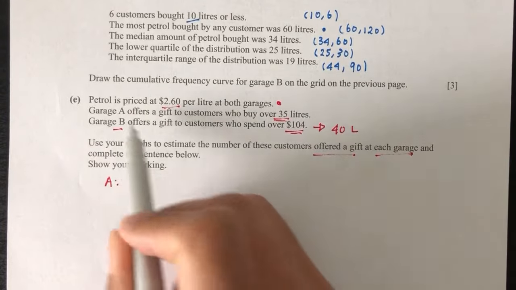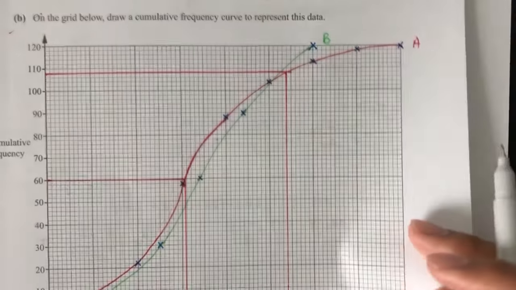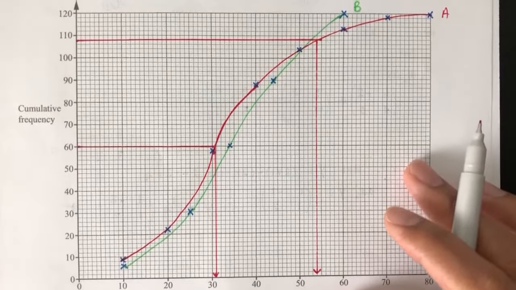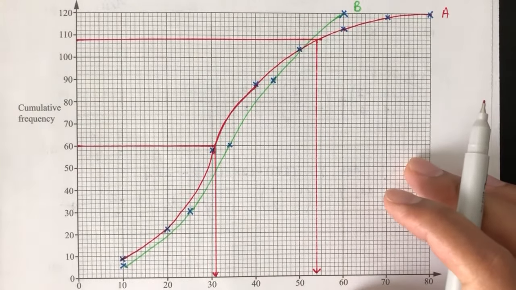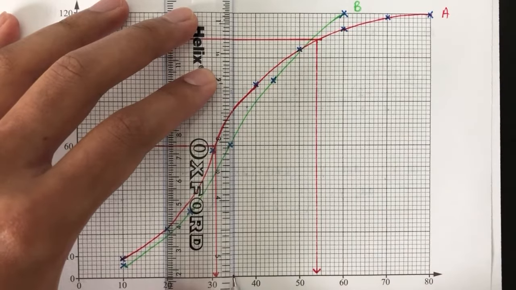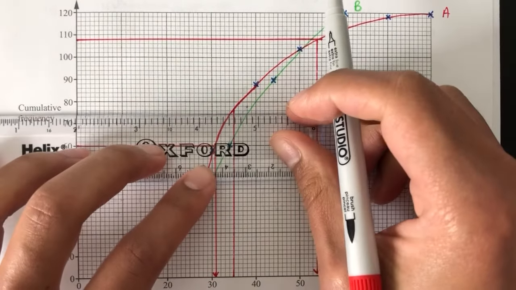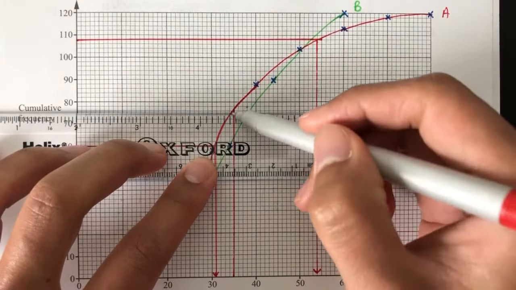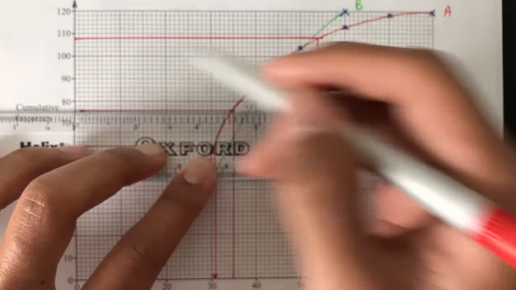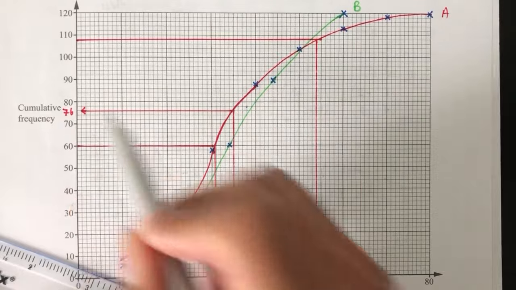For Garage A, for buying over 35 liters, let's go to the graph and find how many people bought more than 35 liters. 35 will be on this line. If you cut the graph and find the corresponding value over here, that will be 76.